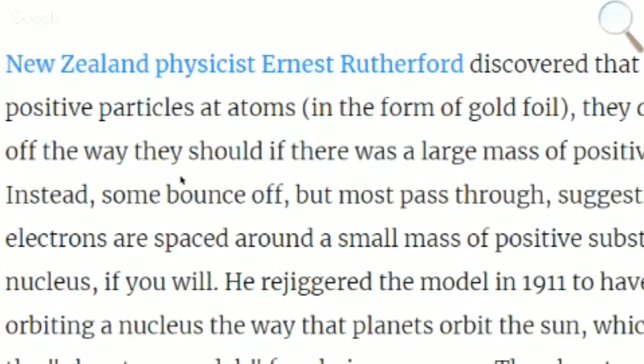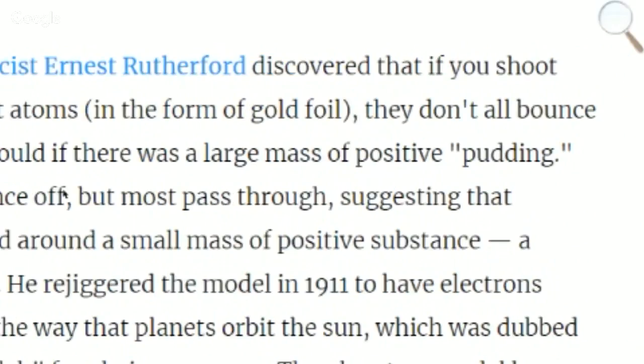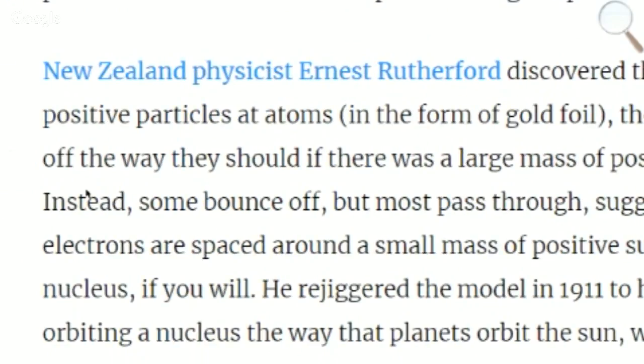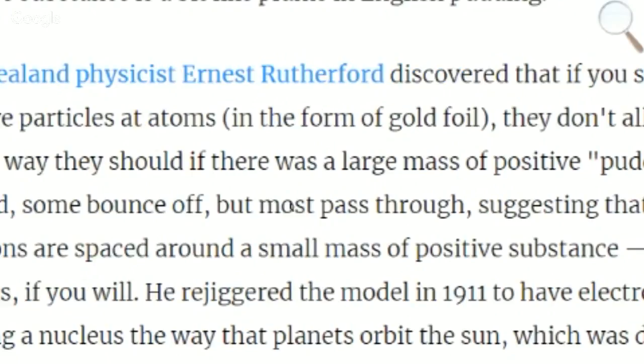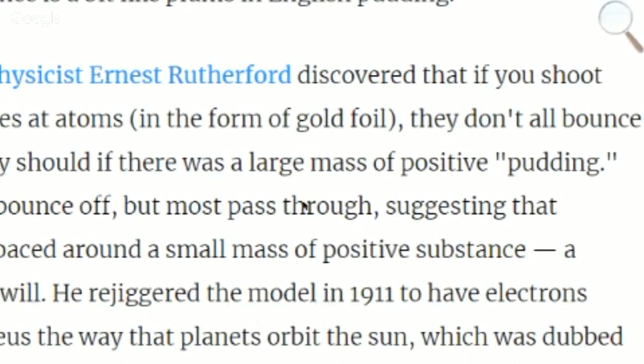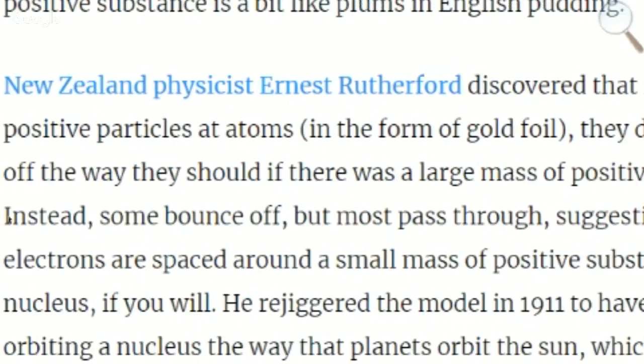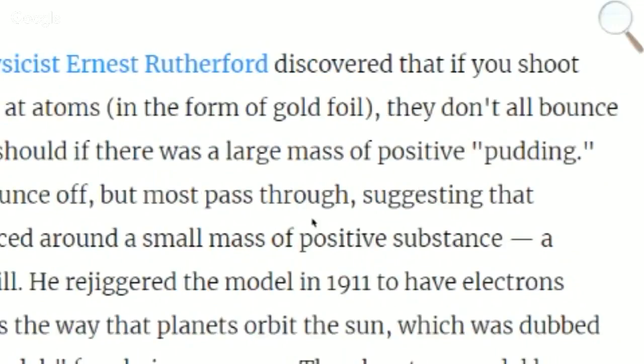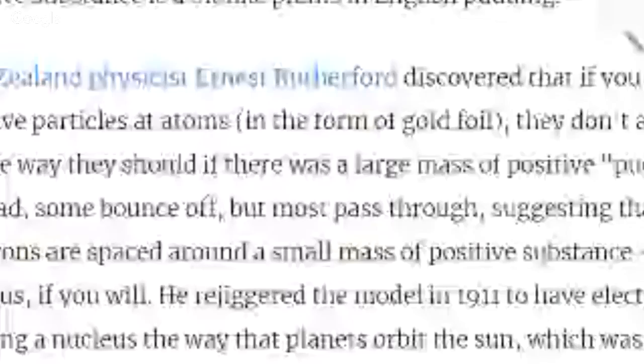New Zealand physicist Ernest Rutherford discovered that if you shoot positive particles at atoms in a form of gold foil, they don't all bounce off the way they should if it was a large mass of positive pudding.